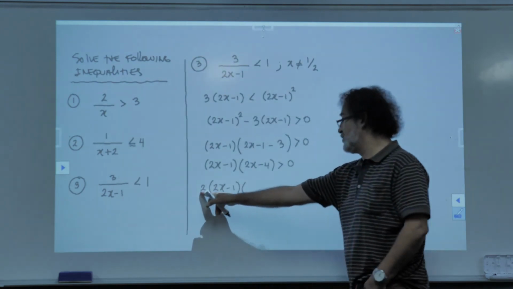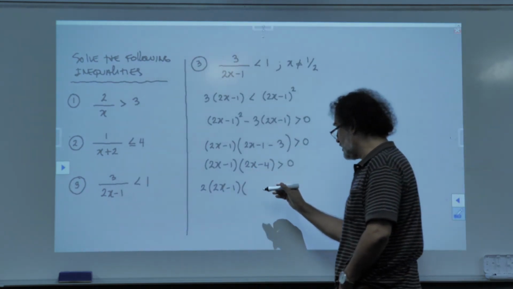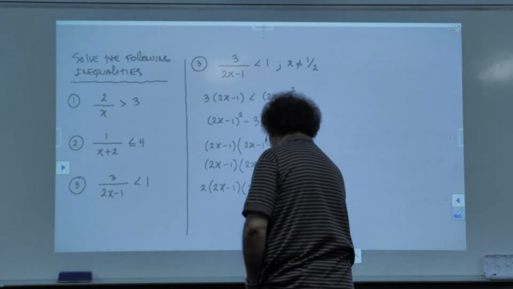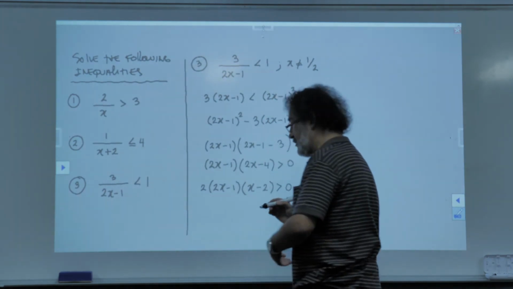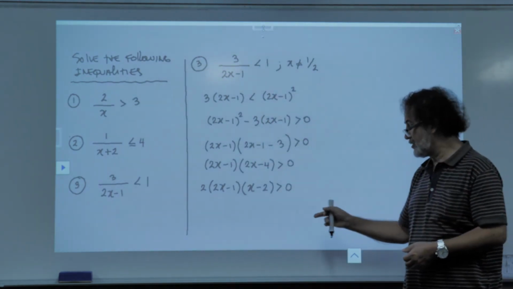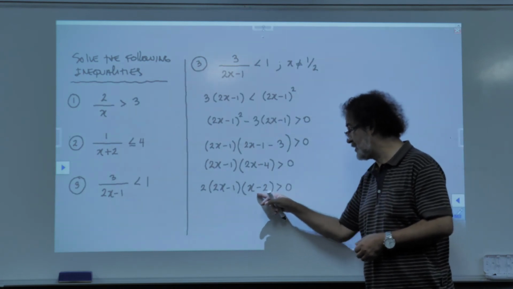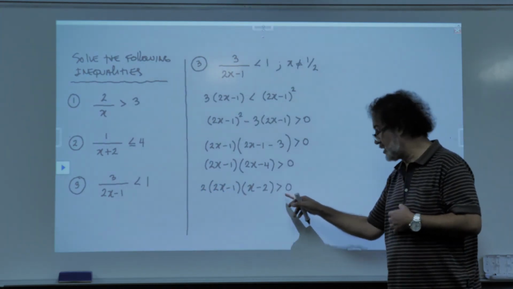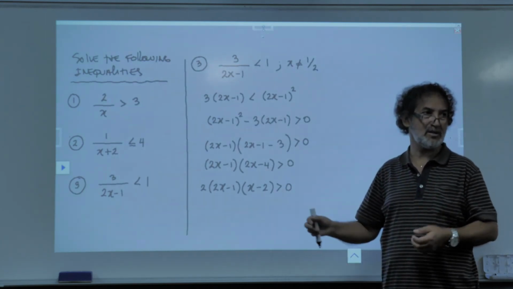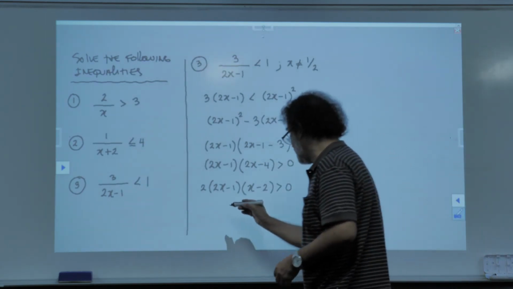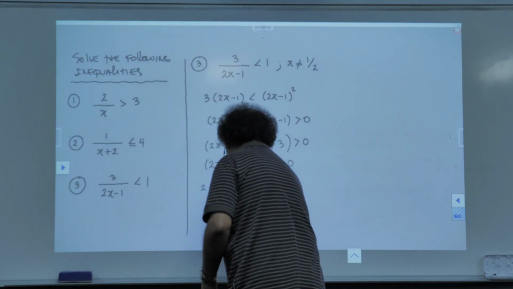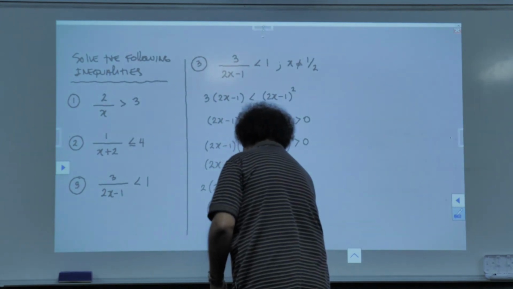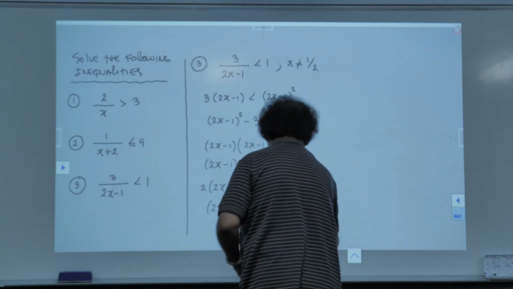And then because you took the common factor in here, it's going to be x minus 2 only, greater than 0, like that, right? And then I'm going to divide by 2. So if you divide this side by 2, then you're going to have only these 2 factors. And when you divide 0 by 2, well, it's 0. So that means that we're going to have 2x minus 1. Okay, so we got that.